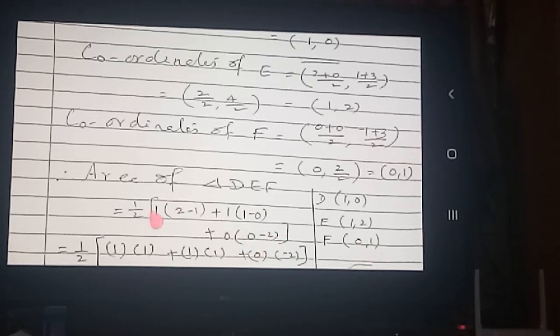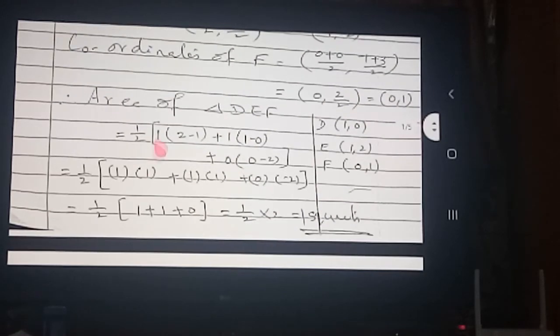Okay, see: x1 is 1, into (y2 minus y3) that is 2 minus 1, plus x2 that means 1 into (y3 minus y1), that means 1 minus 0, plus x3 that means 0 into what will come? y1 minus y2. So only multiply and add and complete.